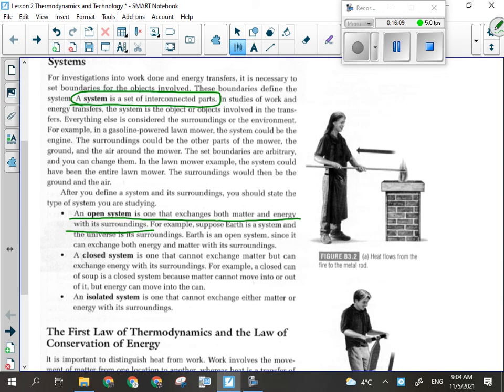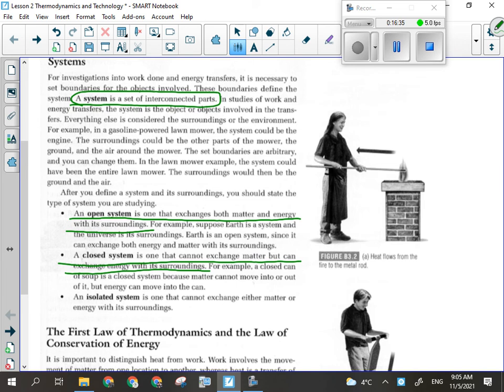A closed system is airtight, so it cannot exchange matter, but can exchange energy with its surroundings. So for example, you go to the grocery store and you buy some food and you put it in a Ziploc bag and put it in the freezer. Once it's sealed in the Ziploc bag, it can't exchange matter.